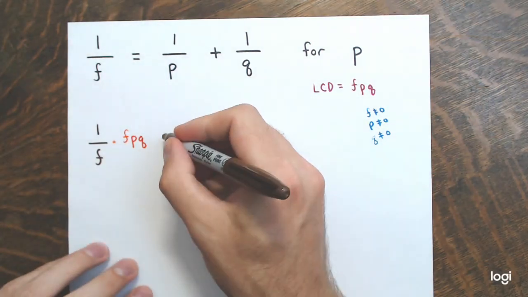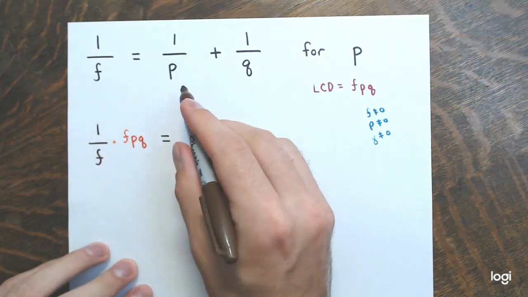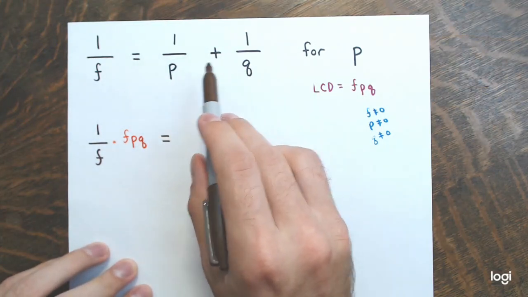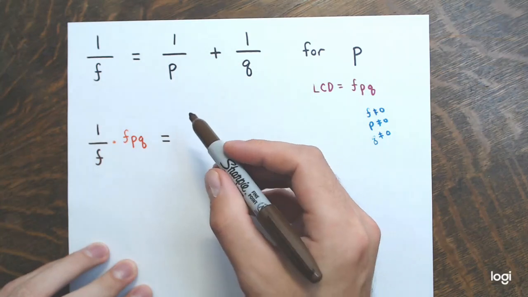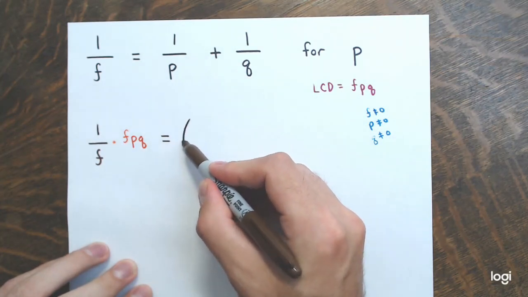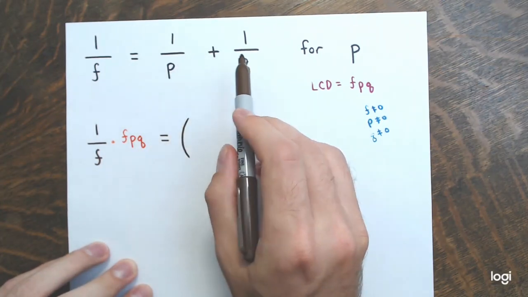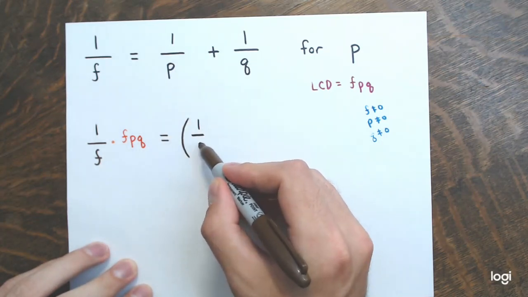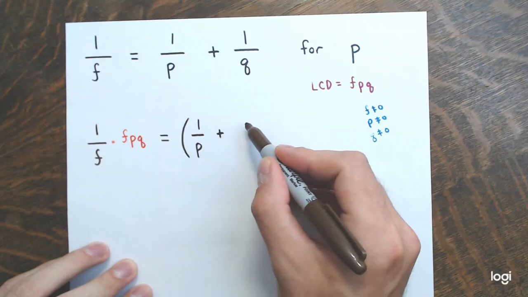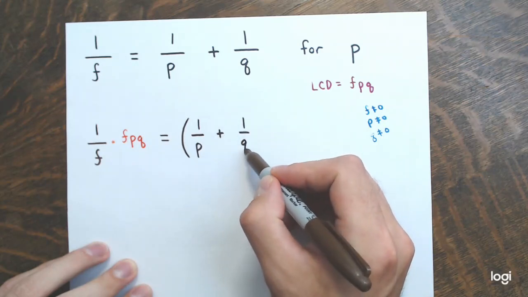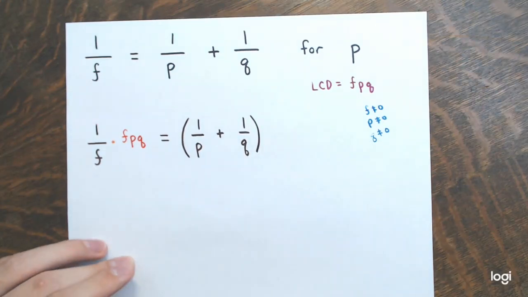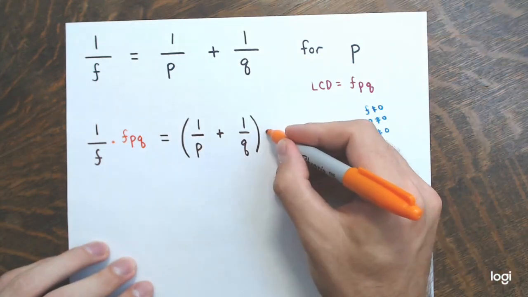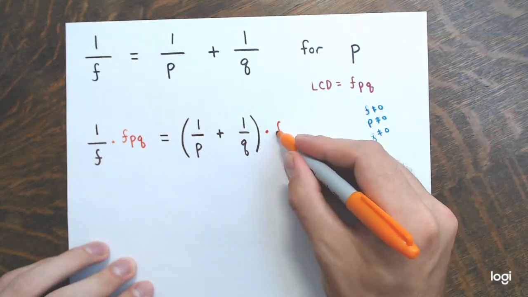Alright, and then equals, and doing the same thing to the other side. Now the other side is a sum, it has multiple terms, multiple fractions added together. So we're going to multiply not just this fraction, not just that fraction, but the whole thing. So I put in parentheses, 1 over p plus 1 over q, right, that whole thing is getting multiplied by the LCD, the fpq.